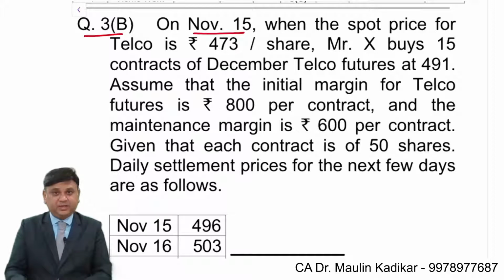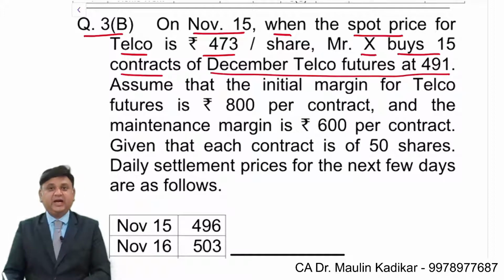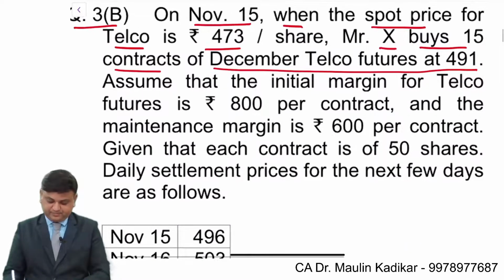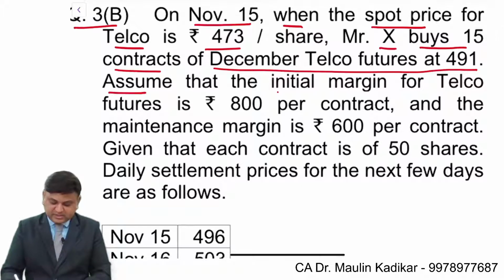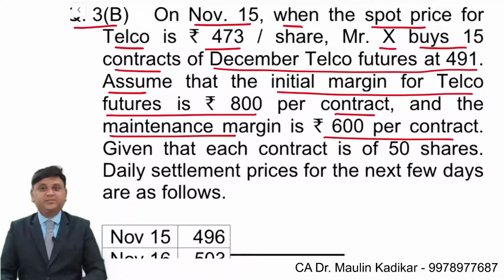On 15th of November, when the spot price of Telco is rupees 473 per share, Mr. X purchases 15 contracts of December Telco futures at 491. Assume that the initial margin for the Telco futures is 800 per contract and maintenance margin is rupees 600 per contract.